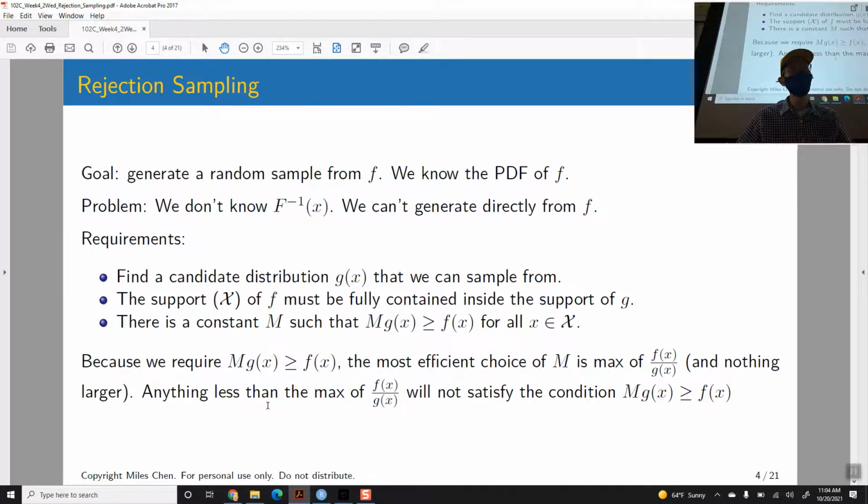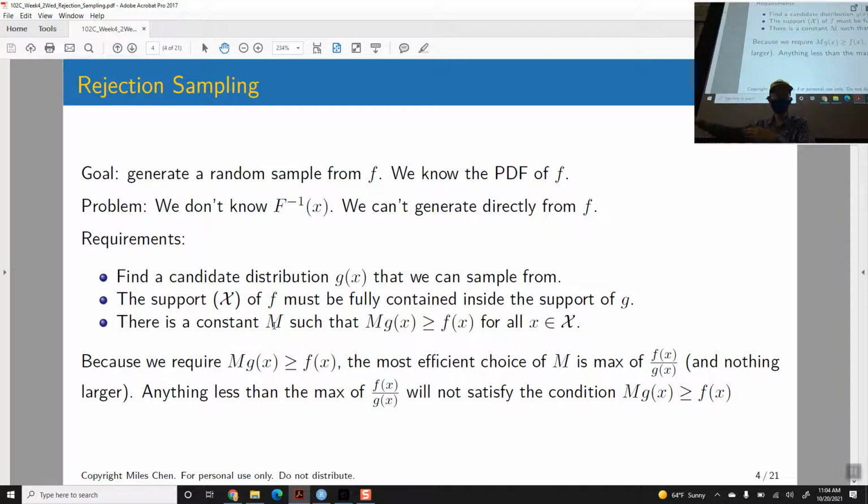The t distribution has a support going from negative infinity to positive infinity. The normal distribution also has a support going from negative infinity to positive infinity, but you won't have a finite constant m such that m times g of x is greater than or equal to f of x. If your target distribution f is the t distribution, it has much heavier tails than the normal distribution.